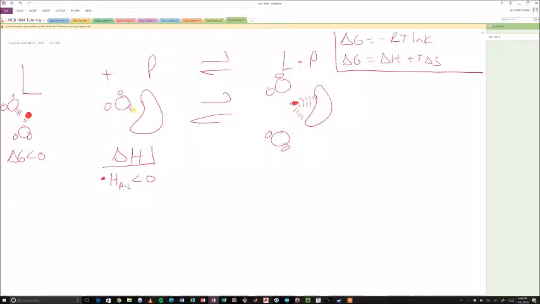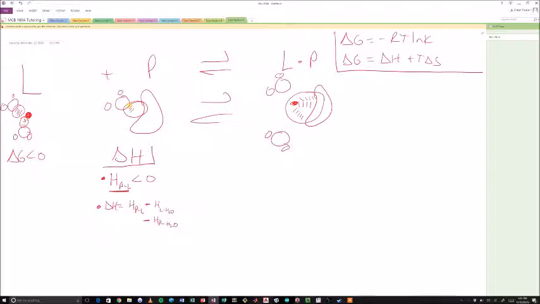So the total delta H then is the protein-ligand bond enthalpy, minus the enthalpy of the ligand and the water, and also minus the enthalpy of the protein and the water. So for this to be a strong interaction, for the ligand to really be strongly attracted to the protein, we need this bond enthalpy term, these interactions here, to be much stronger than the interactions here and here. So this enthalpy is the enthalpy of ligand-protein interaction relative to ligand-water interaction and protein-water interaction.